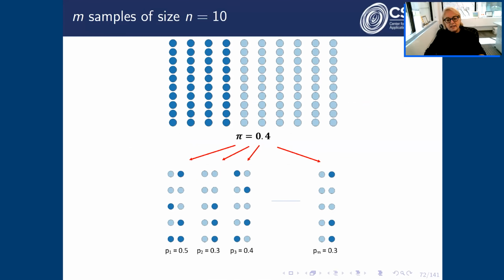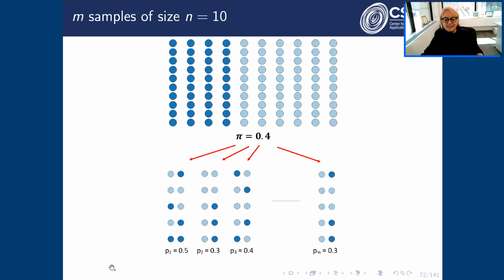So here's a little illustration. This is that population of tablets. There are 100 tablets. The dark blue tablets are the ones that have this illicit substance, and the light blue tablets are the ones that are sugar tablets. There's 40% of them, so 40 out of 100 are bad or positive, and 60 out of 100 are innocent.